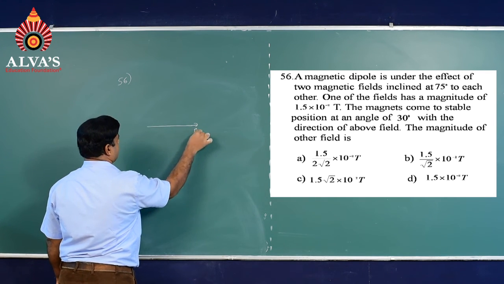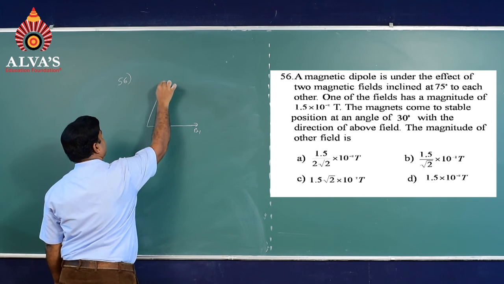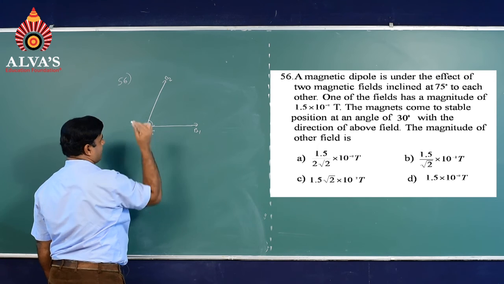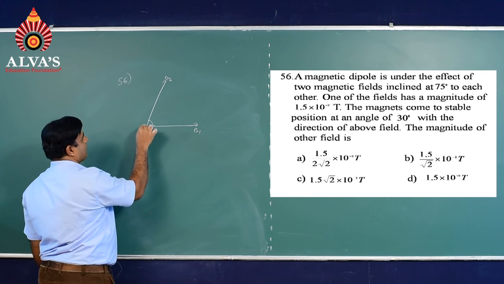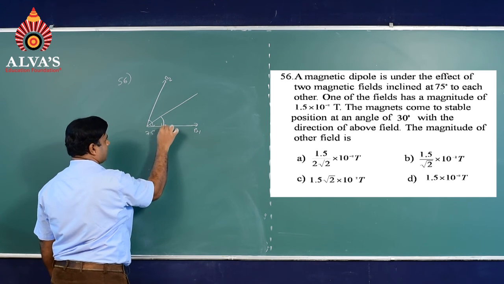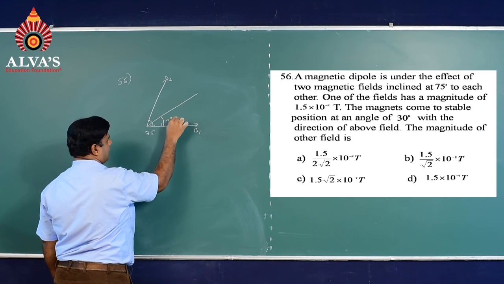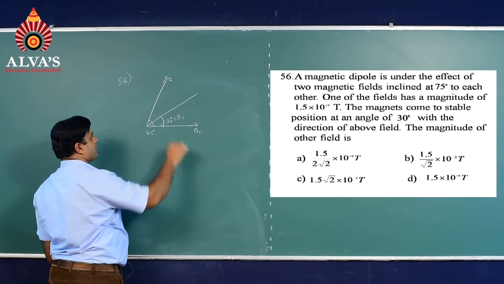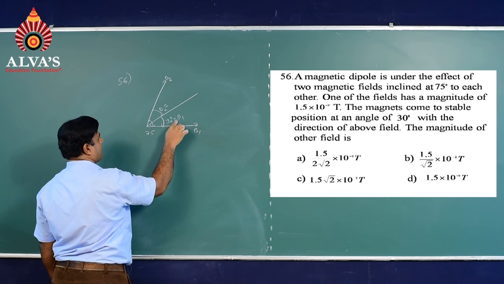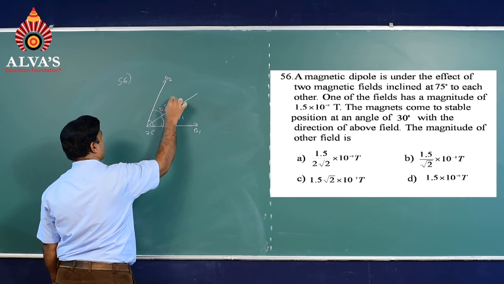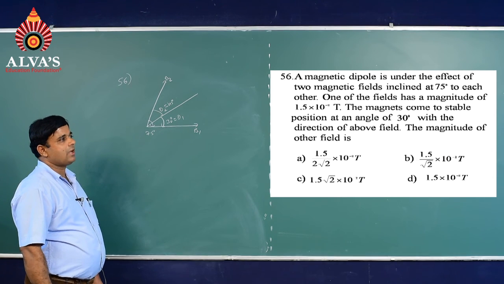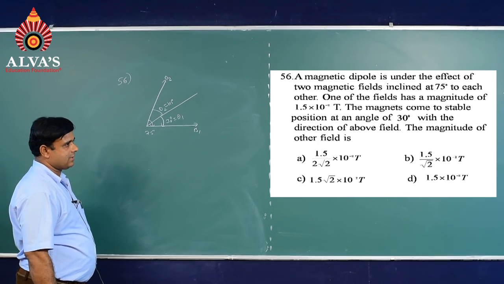One field is B1, another field is B2, the angle between the two is 75 degrees. Now, the magnet comes to equilibrium by making an angle of 30 degrees with one, which implies that with the other it should make an angle of 75 minus 30, nothing but 45 degrees.